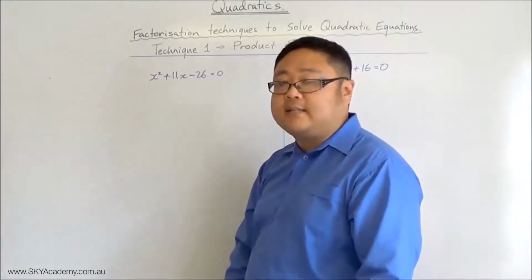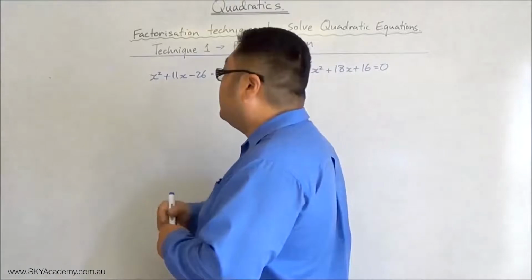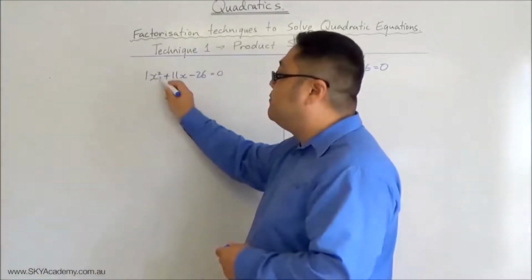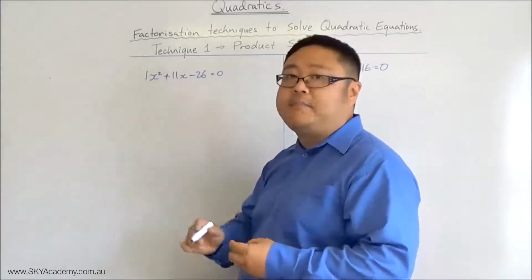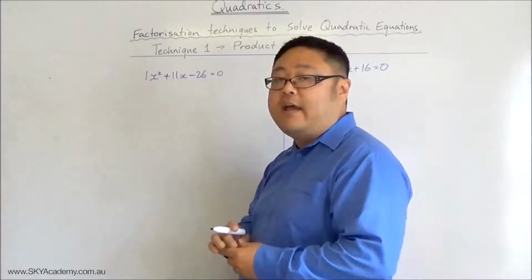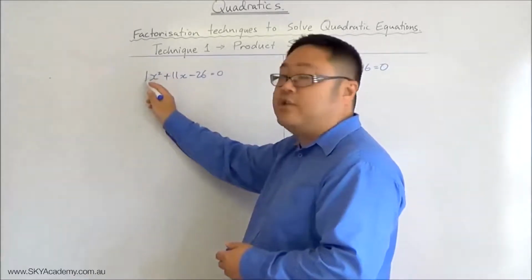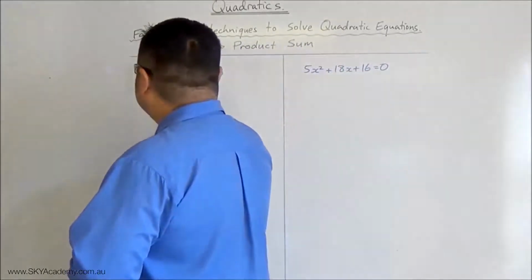Where that's the case, our coefficient, or our a term, is going to be 1. This term is what we call our leading term because it has the highest power and it starts off our quadratic equation. Where our leading term has a coefficient of 1, we say that this equation is monic.